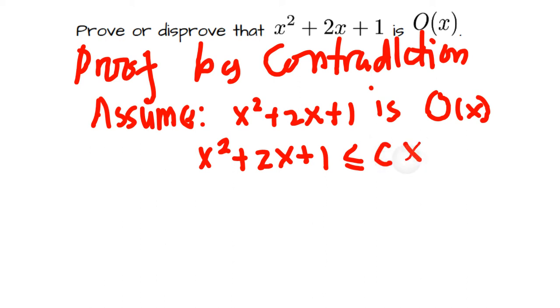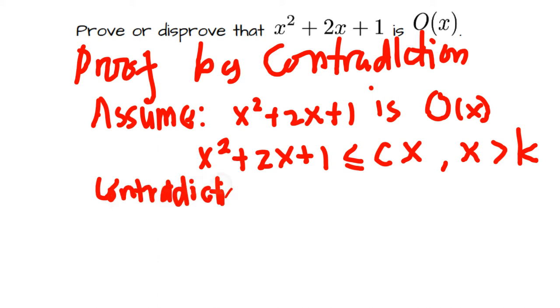When we say that it's big O, we are saying that there's a certain constant, say the constant is C, such that C times x is larger than x squared plus 2x plus 1 for all x greater than a certain constant k. So let's show a contradiction now.